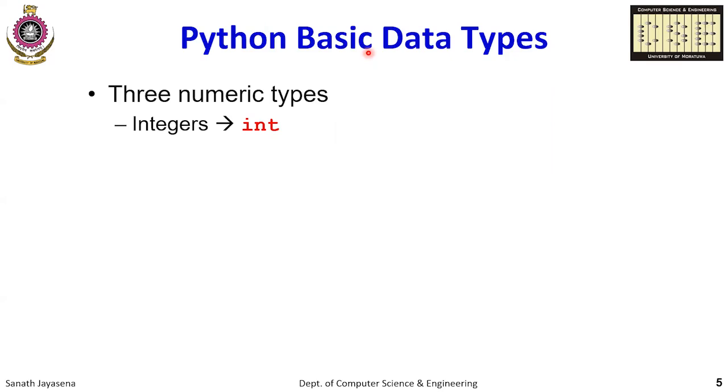In any high-level programming language, we develop programs to solve computational problems. And what are the data that we need to handle? The data can be numbers or letters, characters, and various things. Of course, there can be very complex kinds of data.